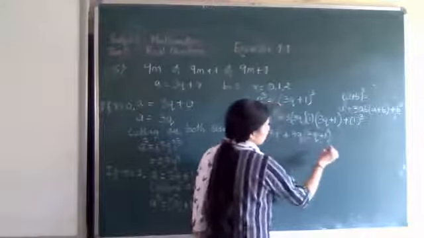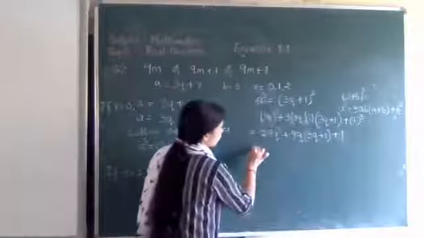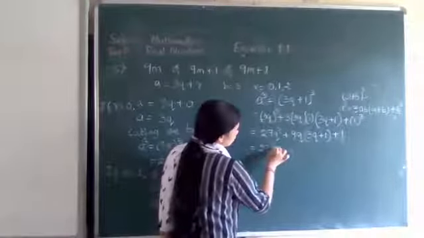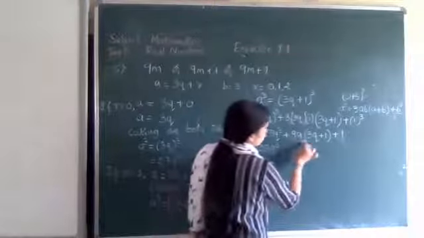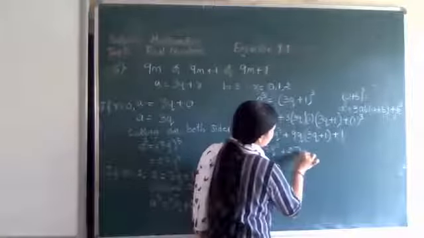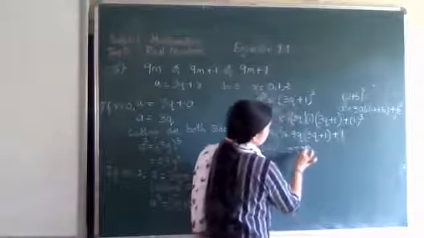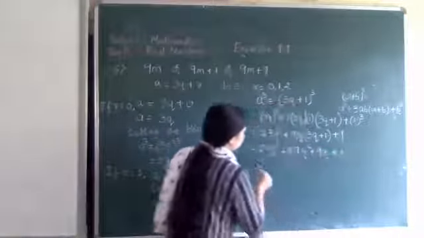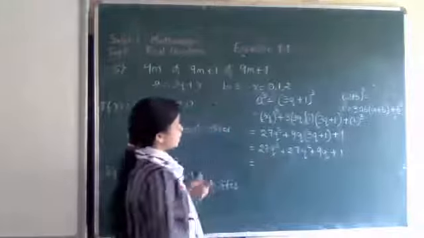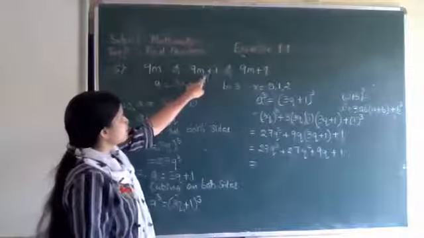We have to simplify this. We have to write the simplified form at the end of the equation. 27q cube, 9q into 3q is 27q square, plus 9q into 1 is 9q, plus 1. Here we have to write this in the form of 9m plus 1.